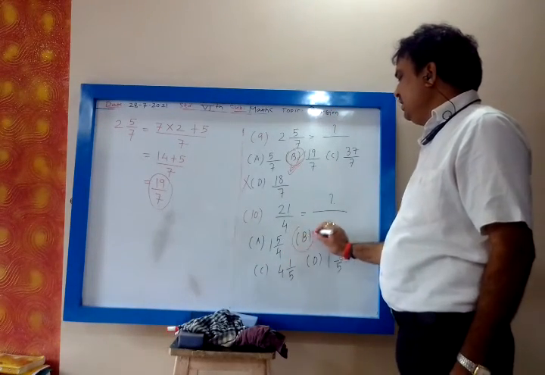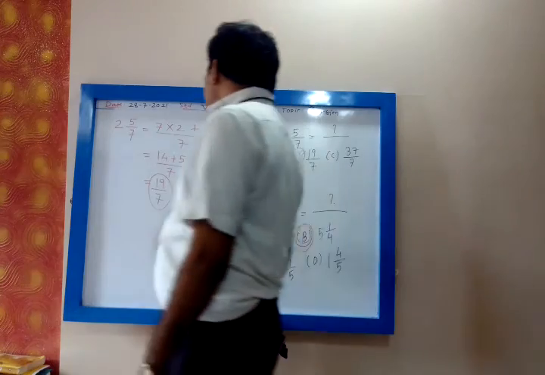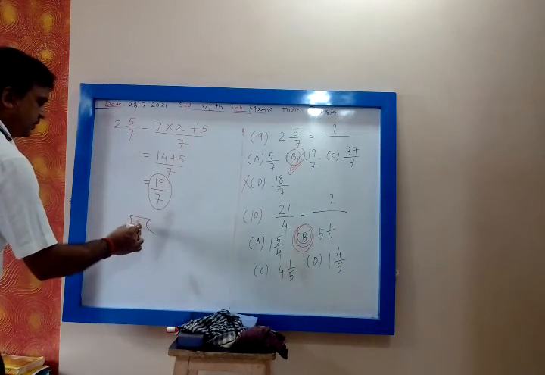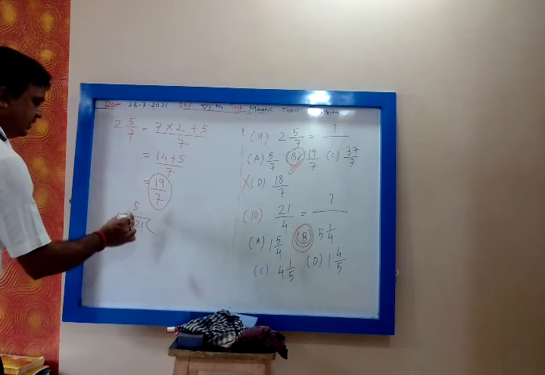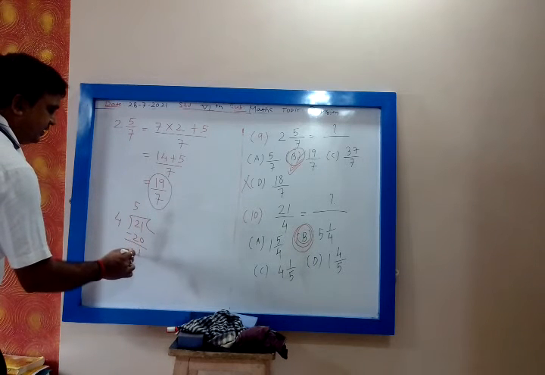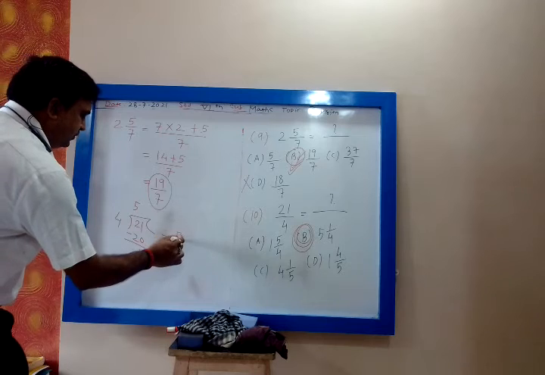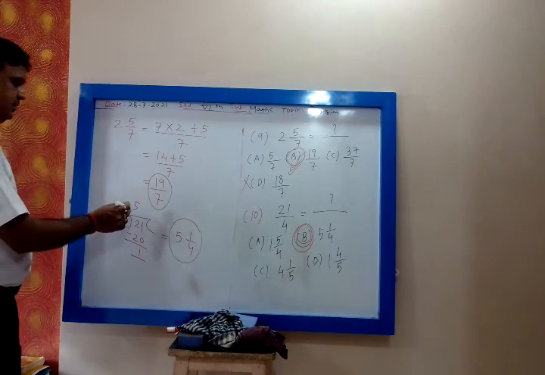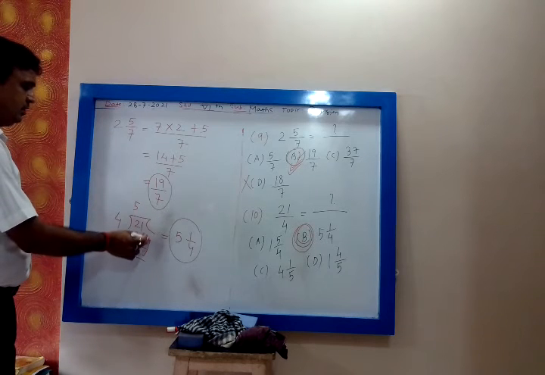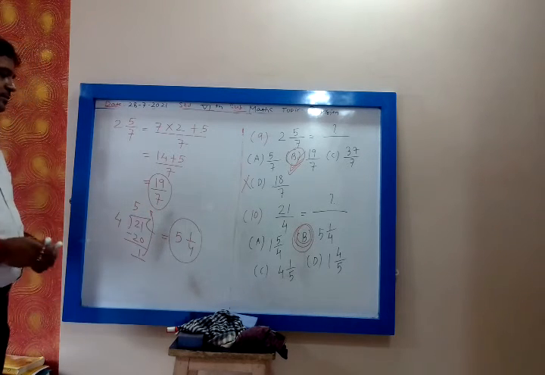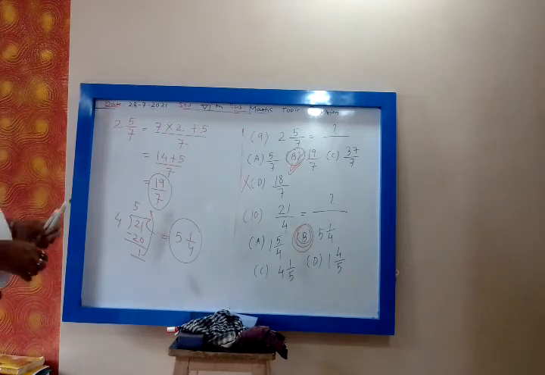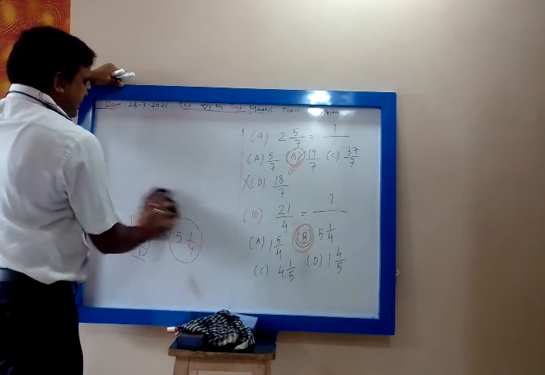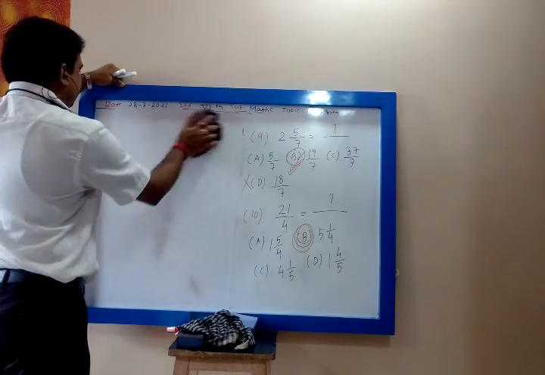Yes, this is the absolute correct answer. Because 21 by 4. So we divide 21 by 4. So that is 4 5s are 20. Then remainder is 1. So this we write 5 is to 1 by 4. The remainder will go up. In examination also you will get these type of problems only, nothing new.